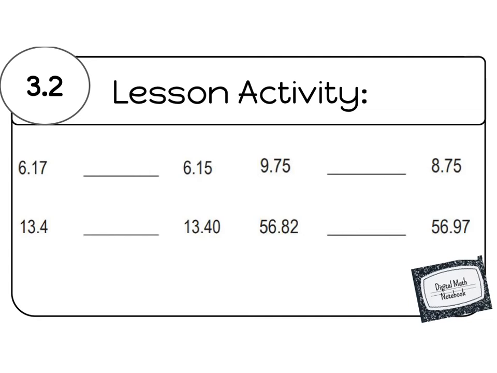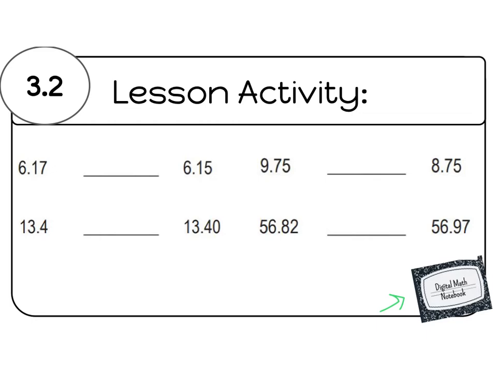All right, 5th graders, it's time for our lesson activity. Remember that your lesson activity is in your digital math notebook, and you will need to type in the answers into the red boxes. On our lesson activity, we are going to underline the digit where the decimals are different in order to tell us which number is greater.